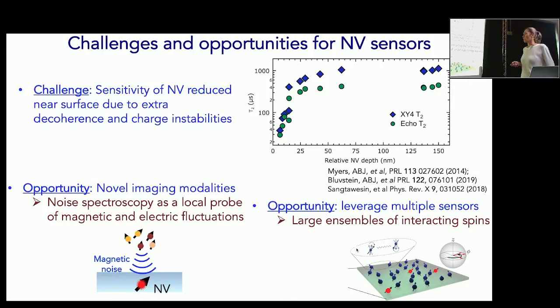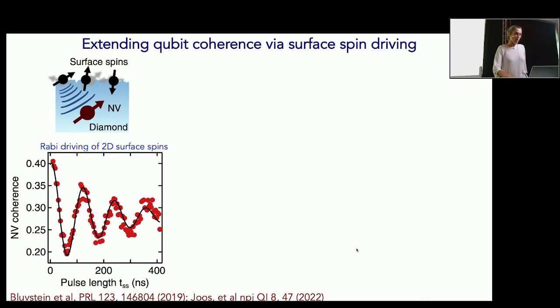I already mentioned some of these other opportunities that I'll briefly talk about. Let me first talk about this surface-induced decoherence and one of the ways that we've recently demonstrated to deal with this issue. It turns out that for shallow NV centers near a surface, there are some spins that exist on the surface.